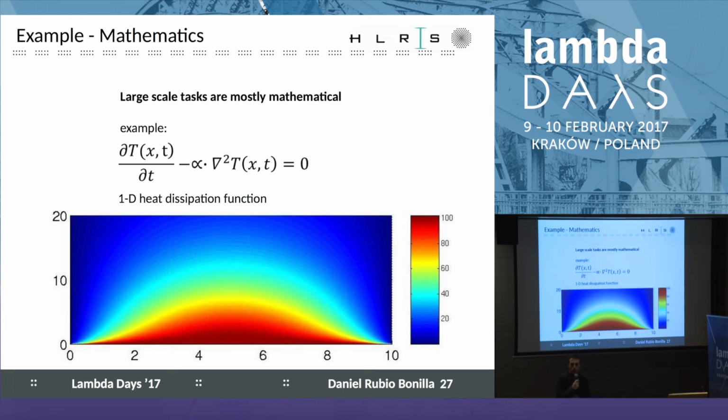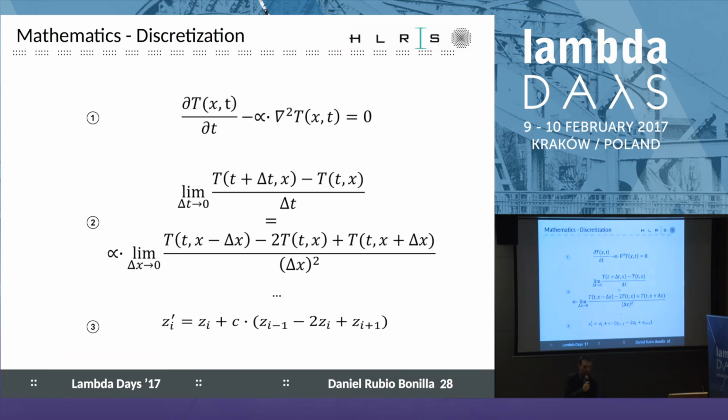The same will work in 2D or 3D, but 1D is much simpler to see. First, you have to discretize your equation to be able to compute it. Here is this stencil operation that we saw. A certain element at some point depends on the same position in the previous step and its neighbors.